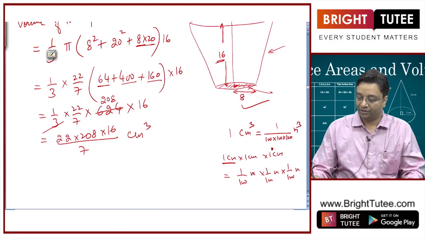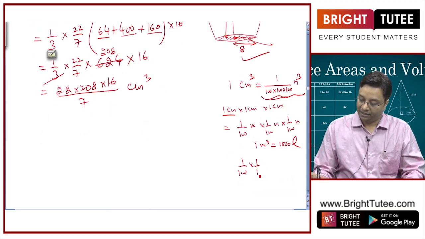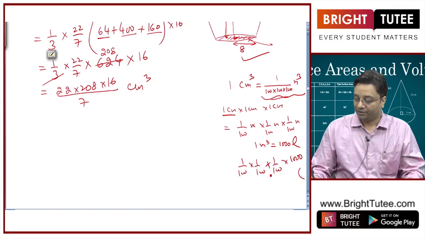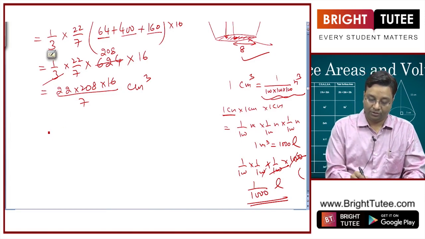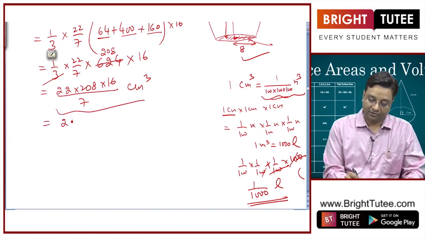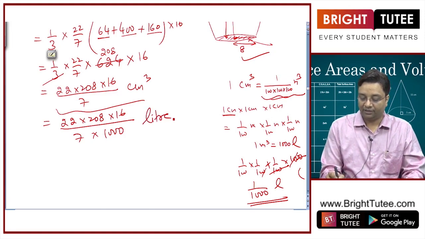So this is how this conversion works. 1 meter cube is equal to 1000 liters. So this much meter cubes will have 1 by 100 into 1 by 100 into 1 by 100 into 1000 liters. Effectively it will be 1 by 1000 liters in 1 centimeter cube. So to convert it into liters, 22 into 208 into 16 by 7 into 1000. So this is in liters.